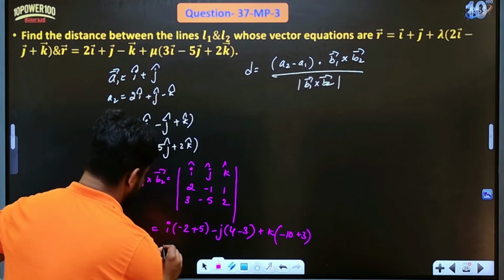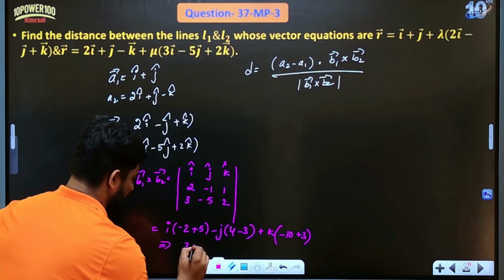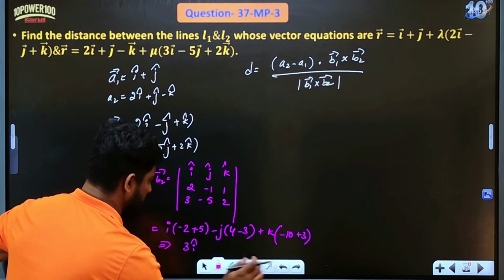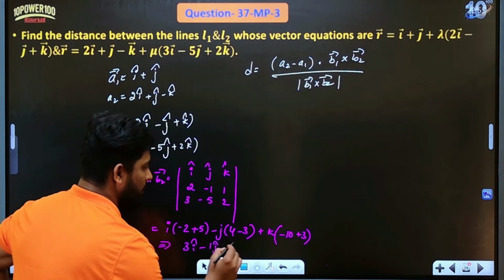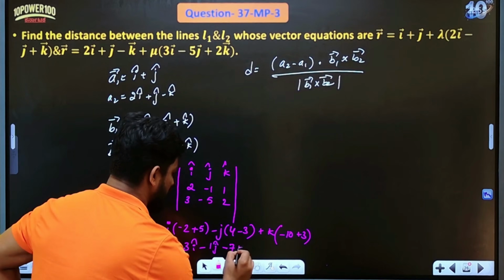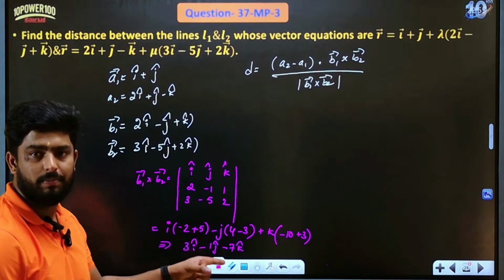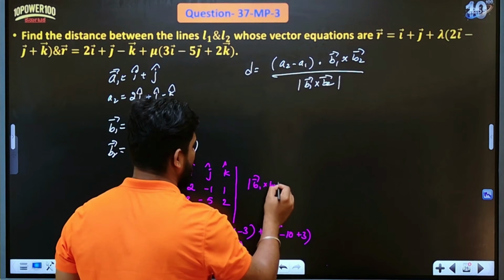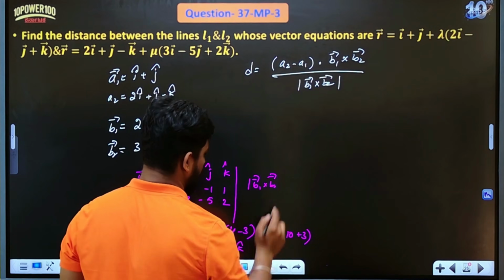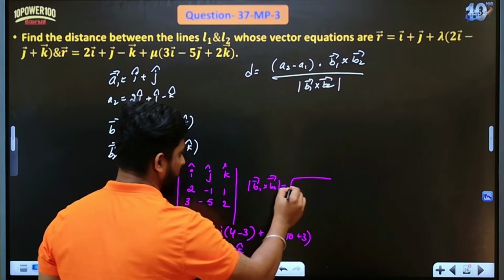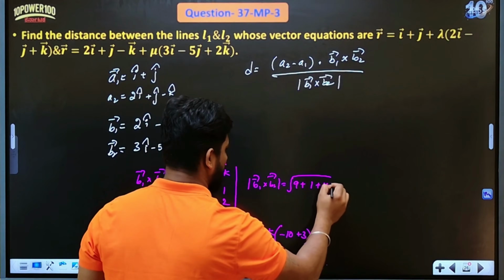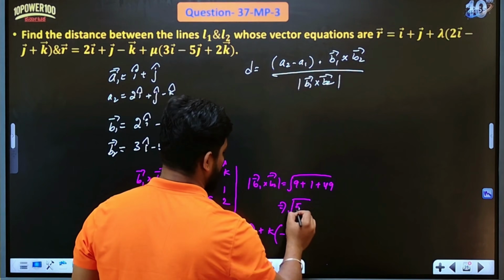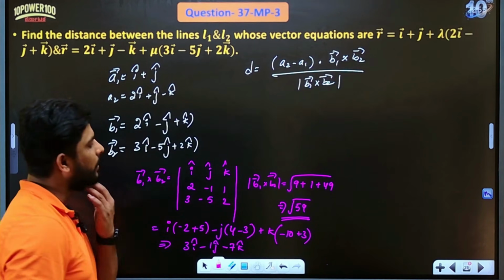When solved we get 3i cap minus 1j cap minus 7k cap. This is B1 cross B2. Now find the magnitude: root of 9 plus 1 plus 49, 7 sevens are 49, so root 59.